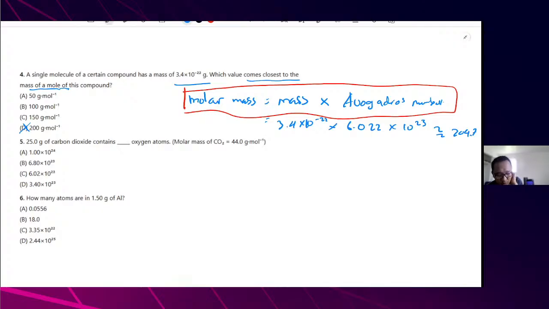As you can see, the molar mass is 200. So if the mass of one molecule is 10 to the minus 22, just multiply by 10 to the 23 and shift the decimal. 10 to the minus 2 times 10 to the 23 will give us one decimal place shift, so we need to add one zero.